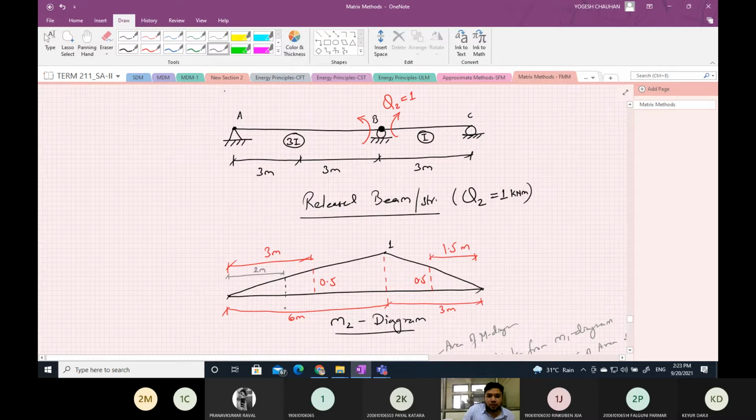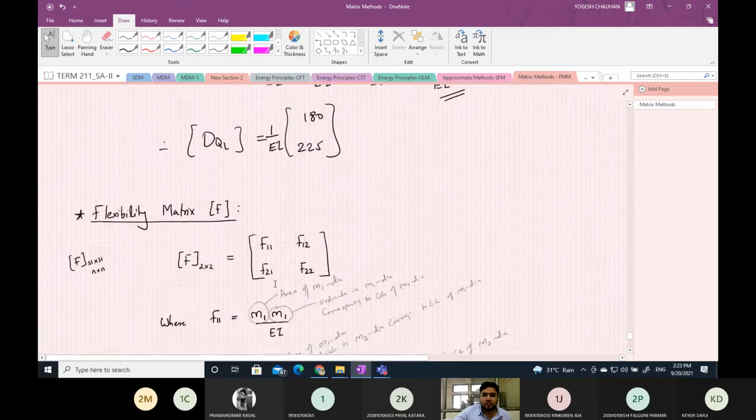At 6 meter the value is 1, so at 2 meter what will be the value? Let us say it be x, so x will be equal to 2 by 6, that is 1 by 3. So the ordinate here is 1 by 3, and you multiply here by 1 by 3.